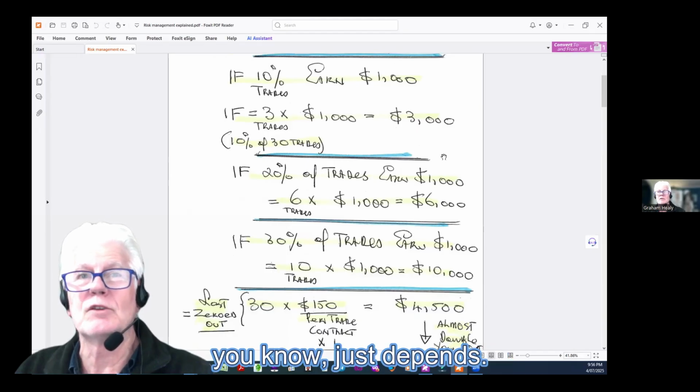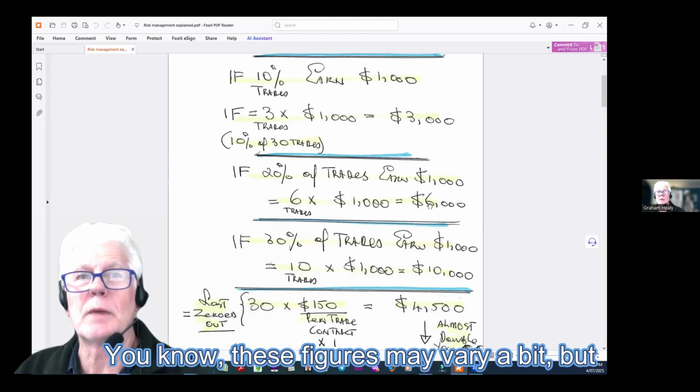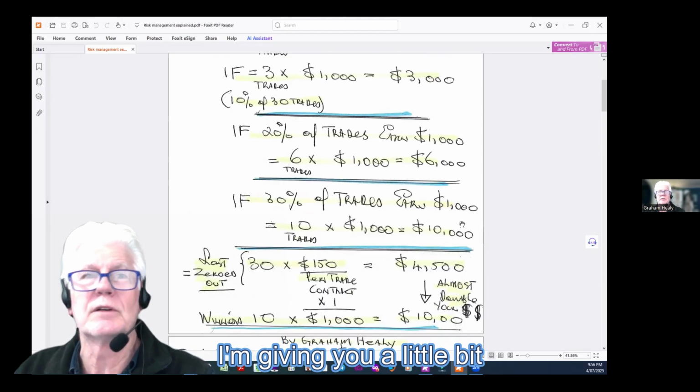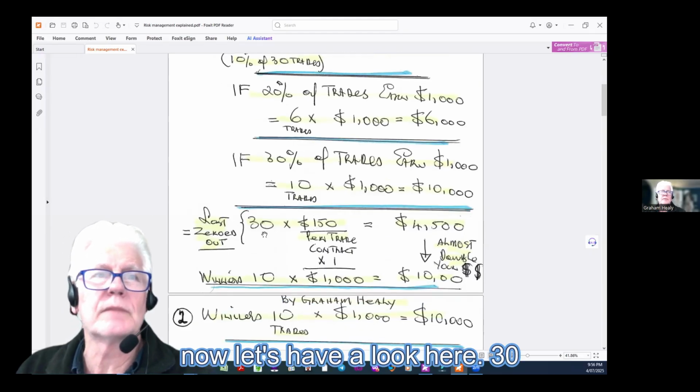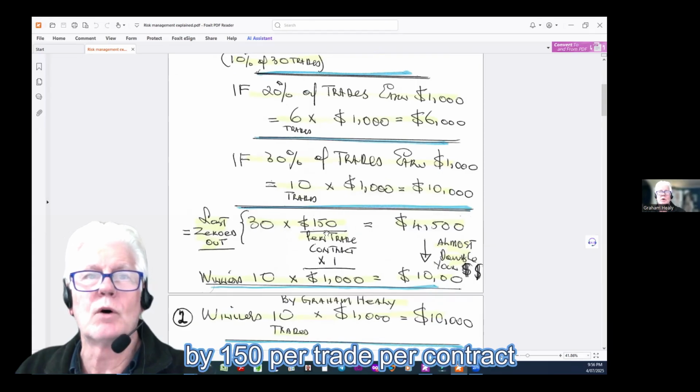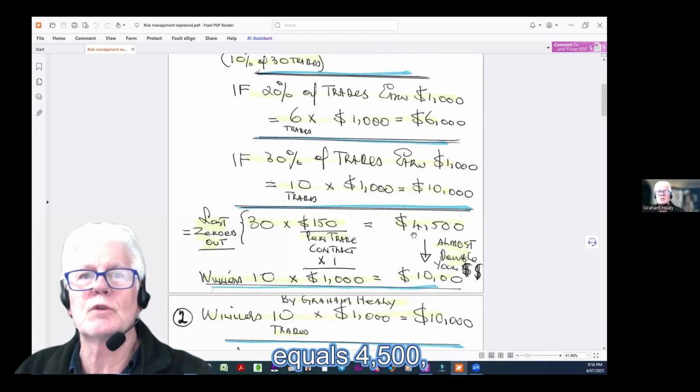These figures may vary a bit, but I'm giving you a little bit of an idea. So now let's have a look here. 30 by 150 per contract equals 4,500, right?